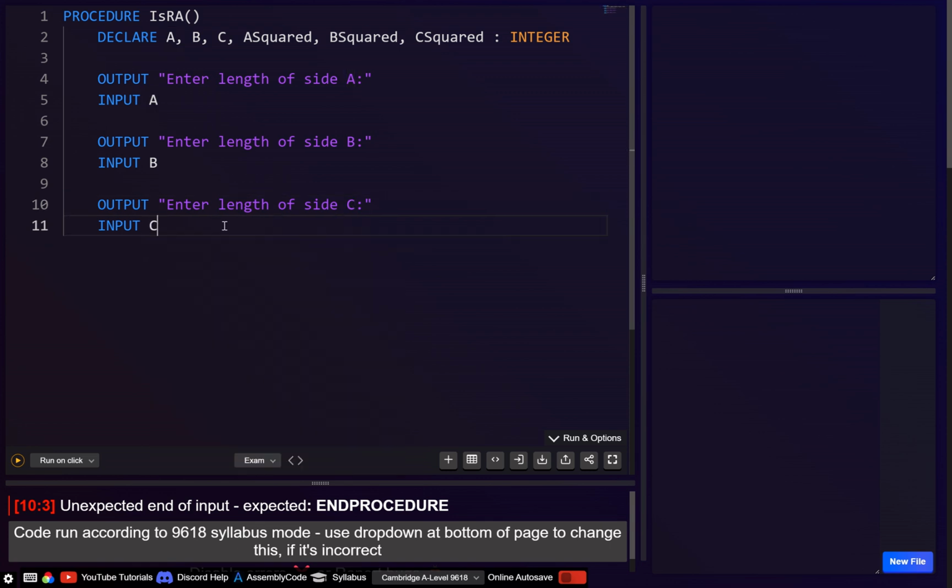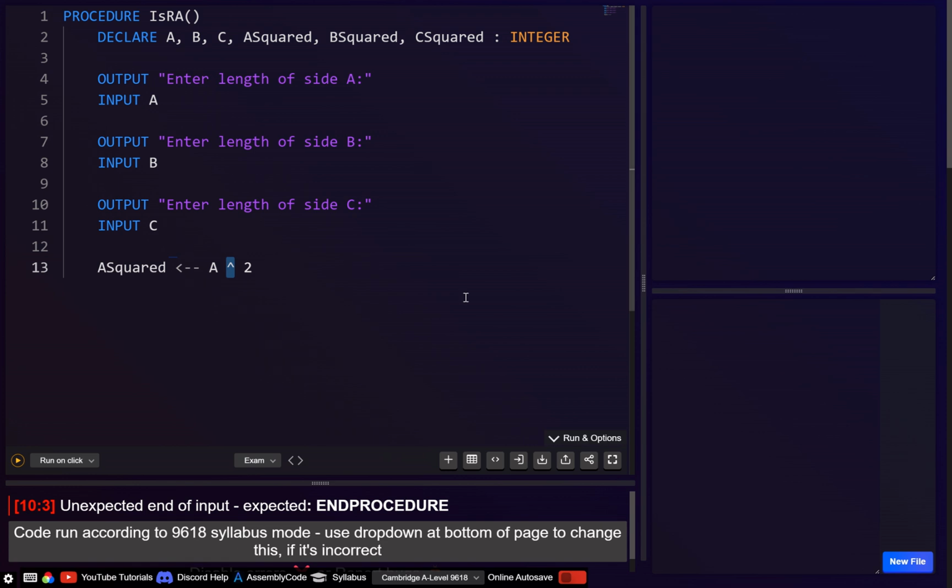What we then want to do is calculate the squares. So let's get A squared. If we just want A squared, we can do A times A. If we specifically want to do squared, then for A level, this symbol doesn't work on the website, because this caret is actually used for pointers.